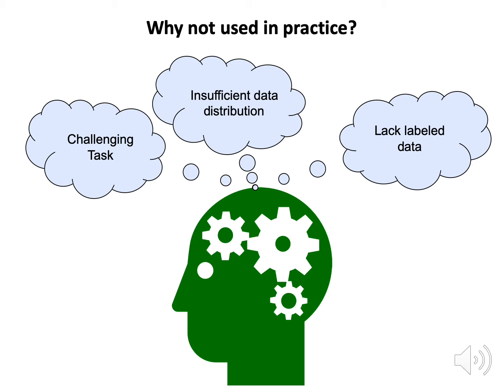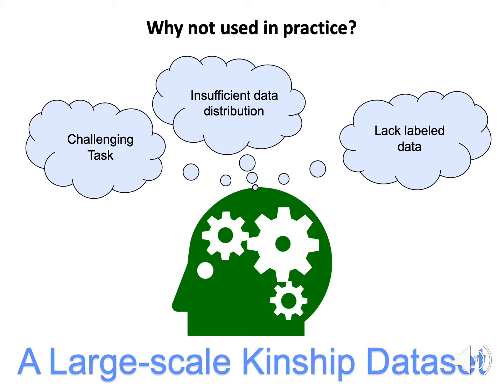There was no large-scale data set that could support such a task. So our goal was to build a large-scale kinship recognition data set such that we can address these three issues: more data, better data distribution, and addressing the challenging task with modern day deep learning supported by the labeled data.